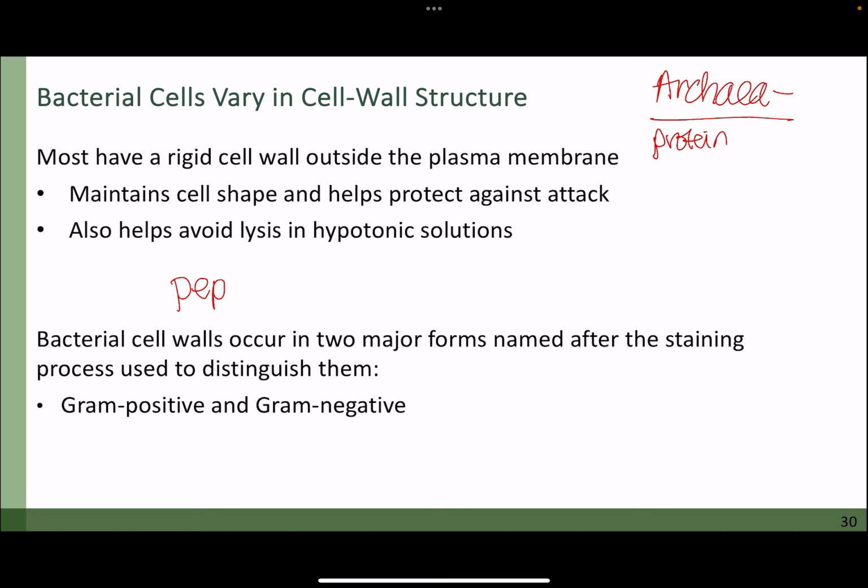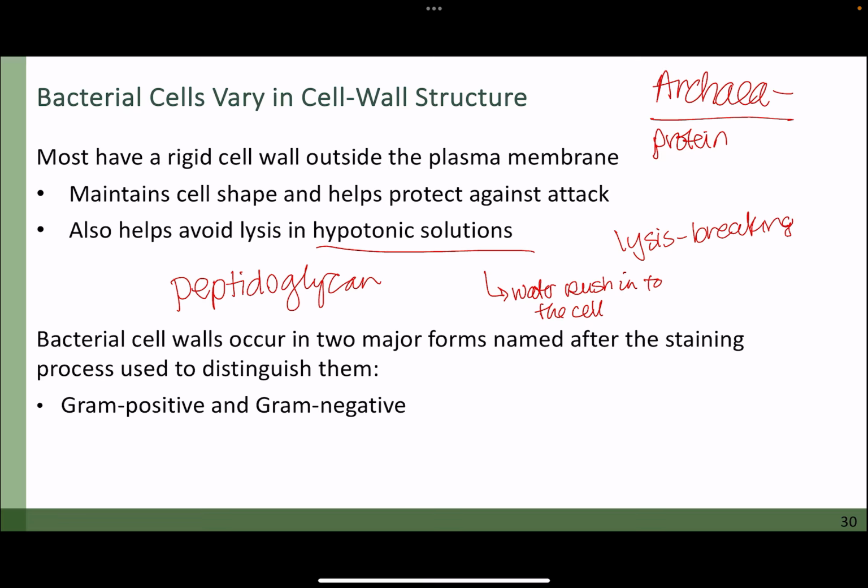And a cell might do this when it is in a hypotonic situation. So I'm not super worried if you don't remember what this means, but in a hypotonic solution, basically what's going to happen is water is going to rush into the cell. This depends on the concentration of the cell.